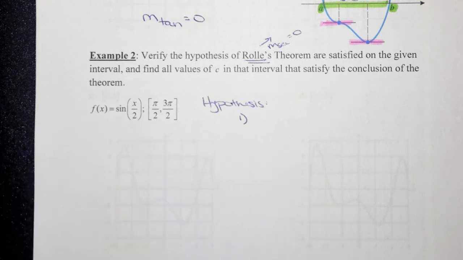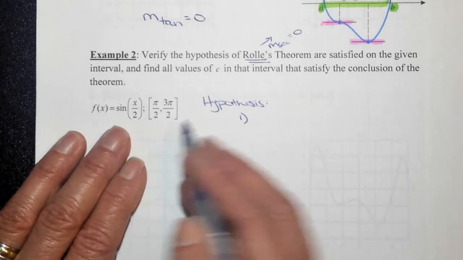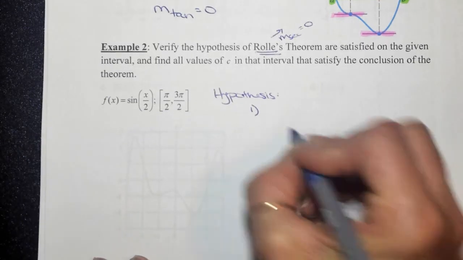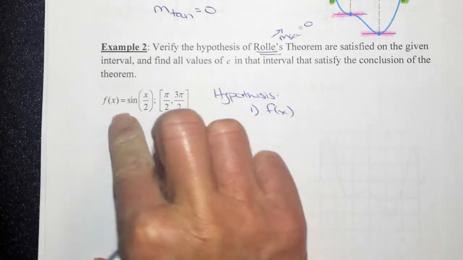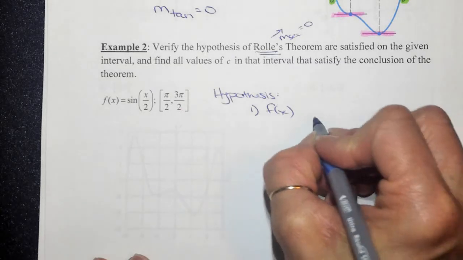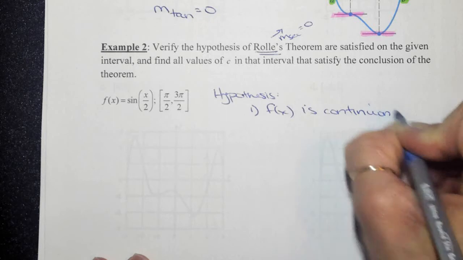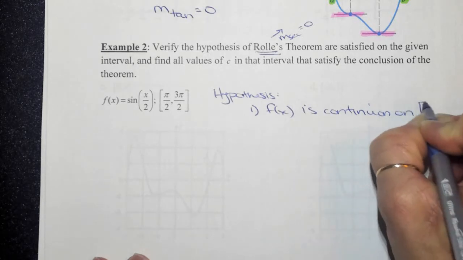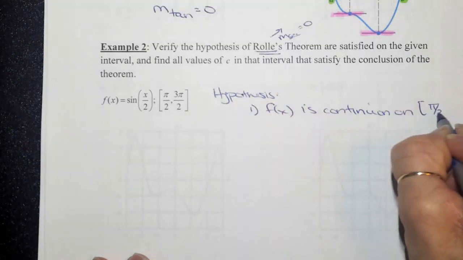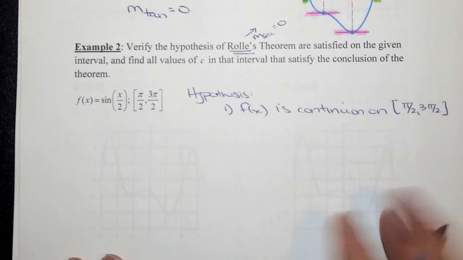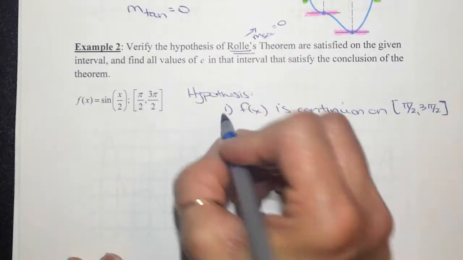From 0 to 2 pi, sine is continuous. So is the function continuous on the closed interval? If we know the sine curve, yes, it is. So you would say f of x, you have to look at your function first, is continuous on the closed interval, and you're given the interval here, pi over 2 to 3 pi over 2. First part stated.